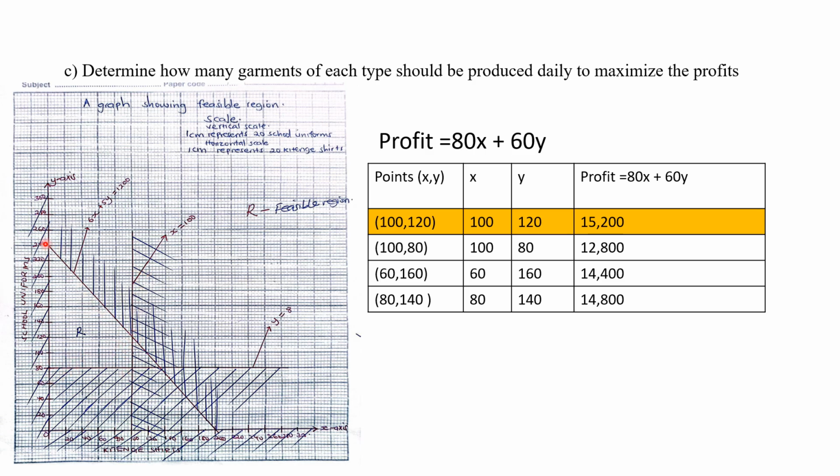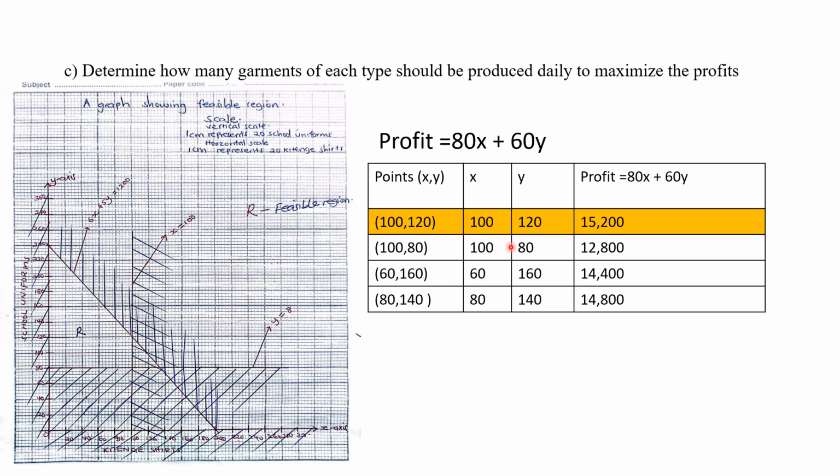So here we can read this one, this one, this one, and this one. But also you don't fail to read also other points as long as they are within the region. So I have 100 and 120, then 100 and then 80, 60 and 160, then 80 and 140.